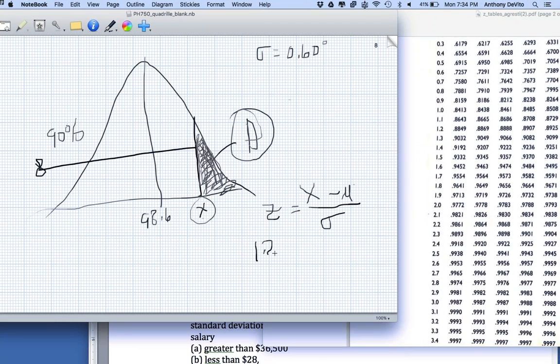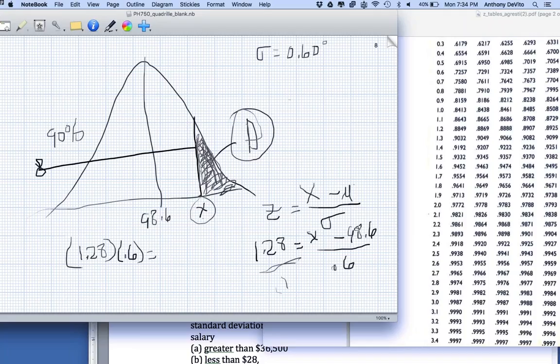So I'll go back here. 1.28 is equal to X minus the mean, which is 98.6, divided by the standard deviation, which is 0.6. Okay, now you know you can cross multiply here, right? So you can say that 1.28 times 0.6 is equal to 1 times X minus 98.6.